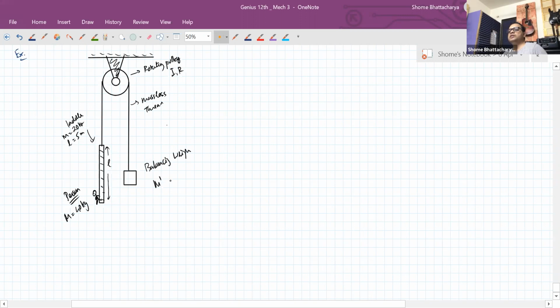So obviously its mass is going to be the combined mass of these two. It's going to be 60 kg. It's given to us that this moment of inertia is 30 kg meters square, and the radius itself is 1 meter. So it's quite a large pulley. Okay, like this. Okay. Now initially the system is at rest.